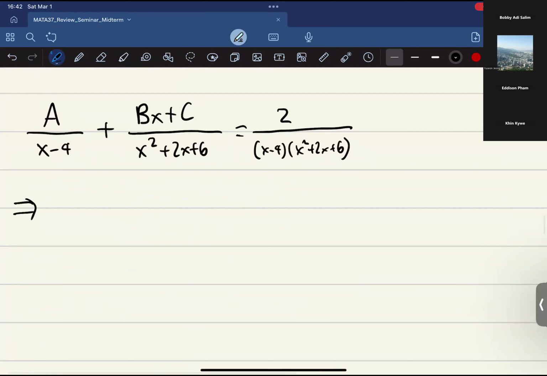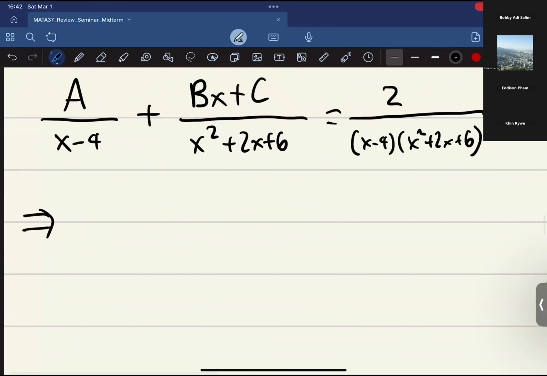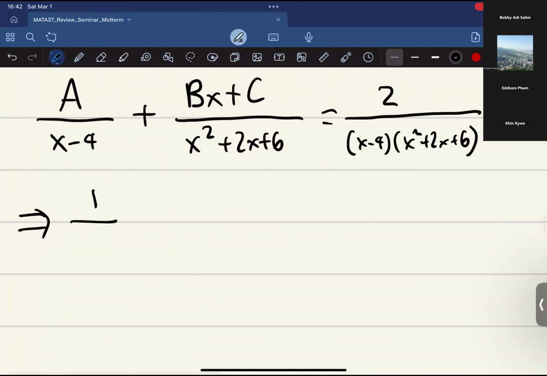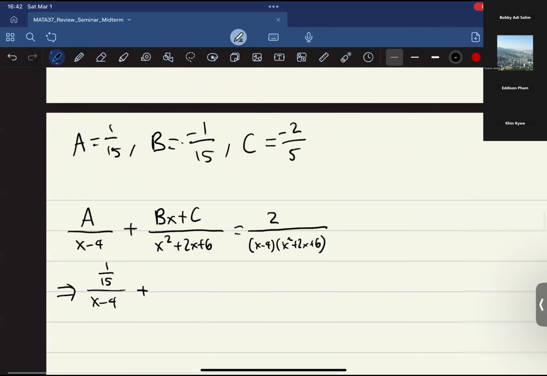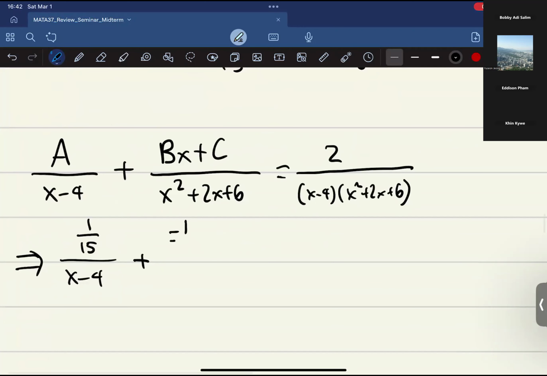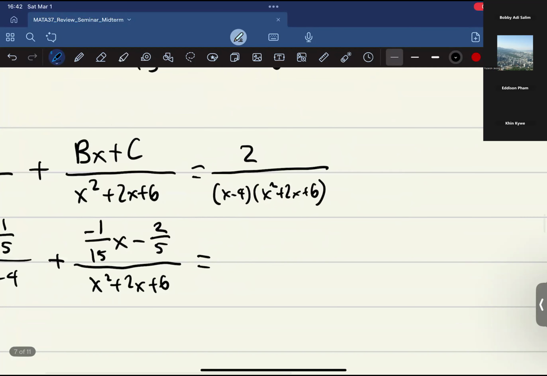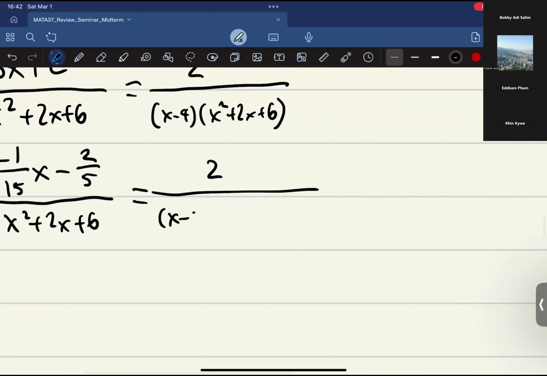So plugging them in, we get 1/15 over x minus 4 plus (-1/15 x minus 2/5) over x squared plus 2x plus 6, which is equal to the original integrand.